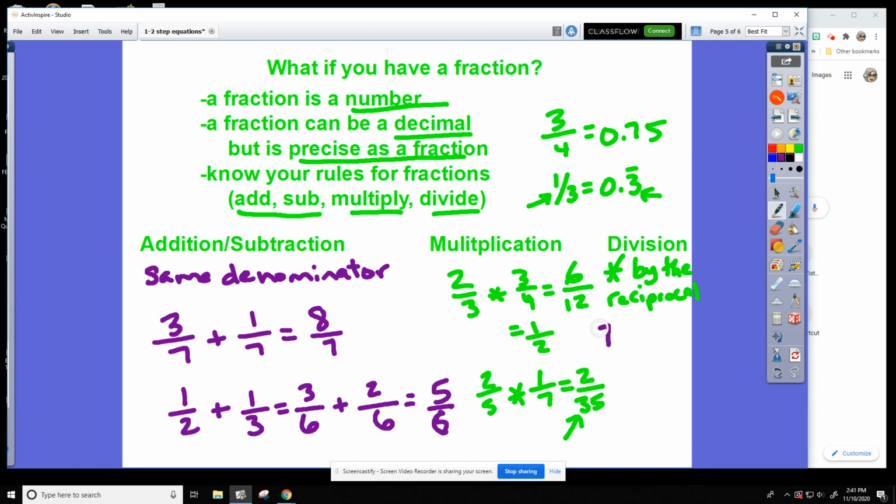So if I have 7 divided by 2/3, you keep the first number, you change your division to multiplication, and you flip, or use the reciprocal of that. Now to multiply, there's nothing under the 7, but you could think of it as a 1, so you multiply straight across, 21, and the only thing on the bottom is a 2. Okay?